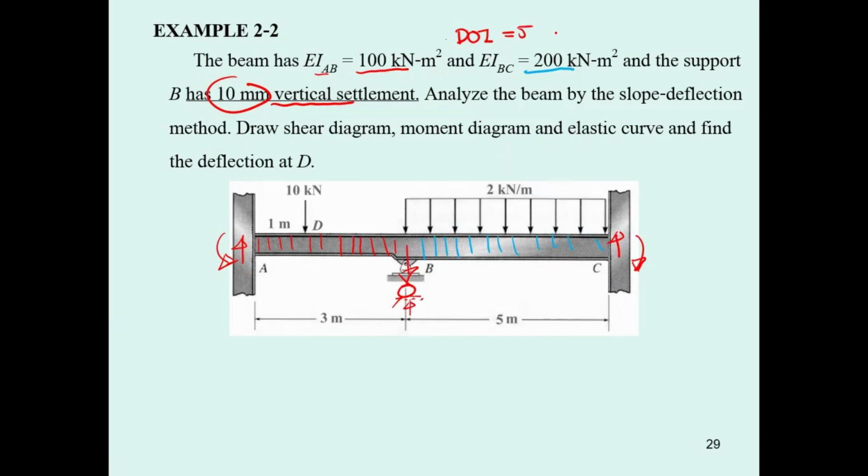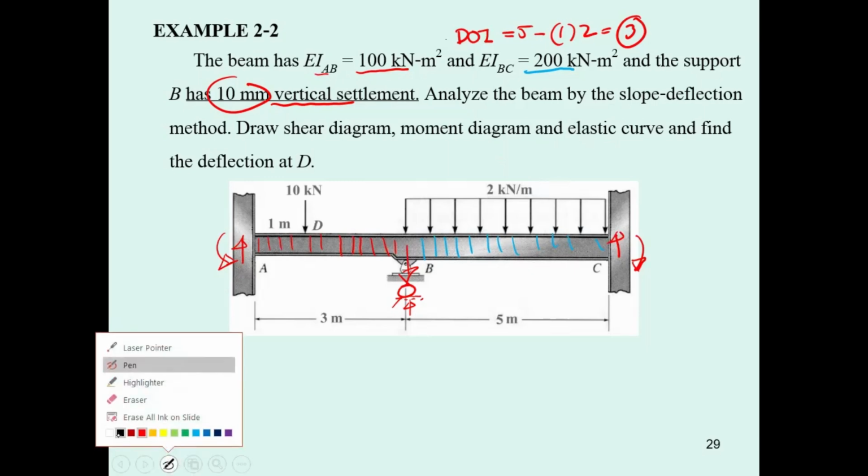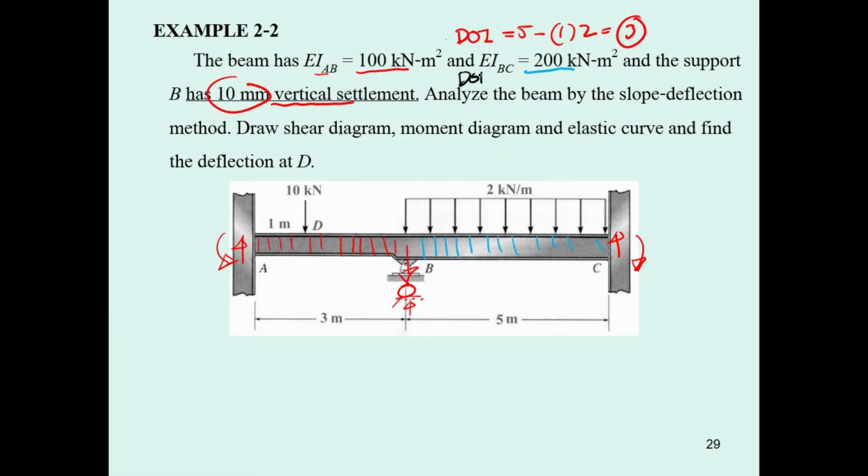That's going to be 5 minus 1 times 2 equations, because we are interested in summation of F sub x equal to 0. This is going to be 3. Okay, and if we consider the degree of freedom, we will have only theta sub B. So this one is going to be convenient for the slope deflection equation.